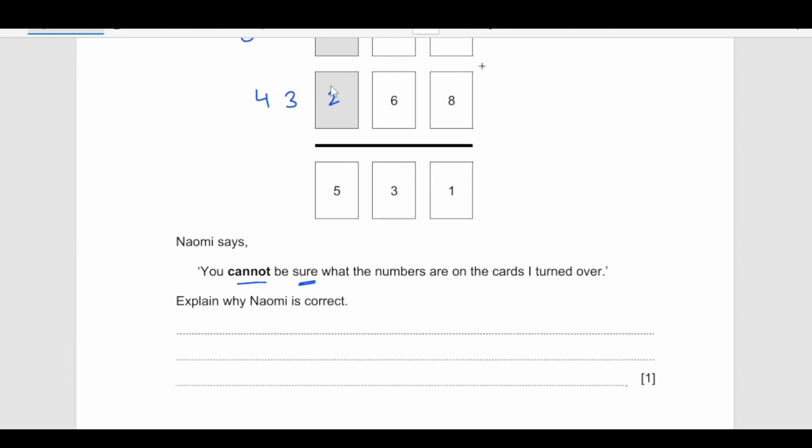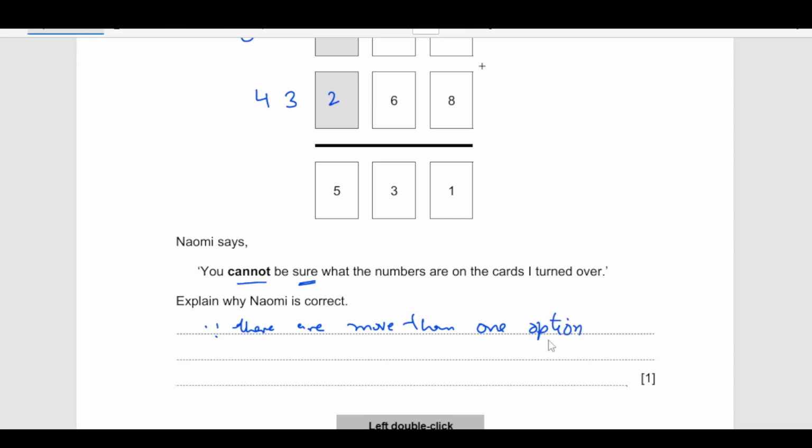So that means we can say she is correct, because there is more than one option available. So we cannot be sure which one.